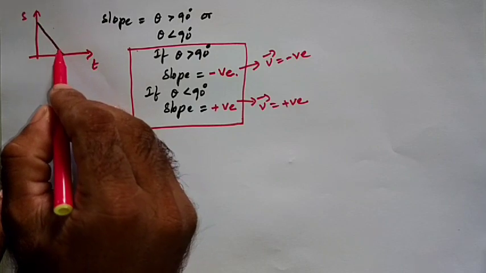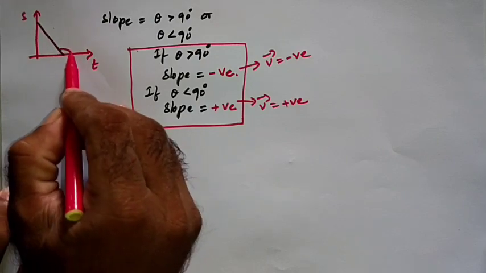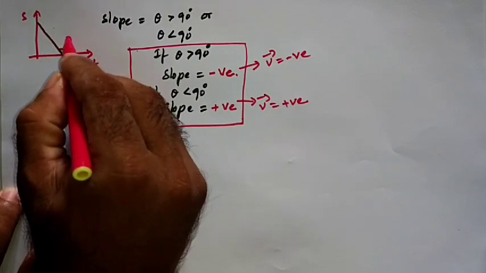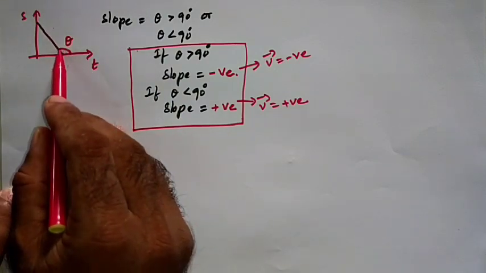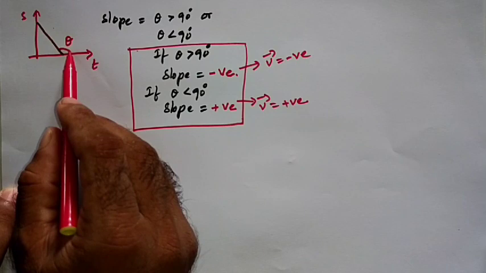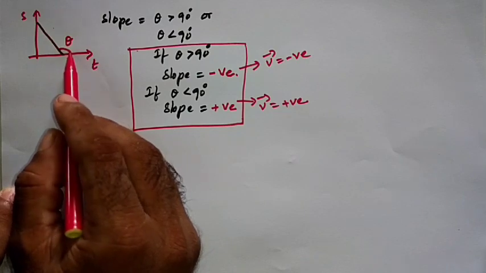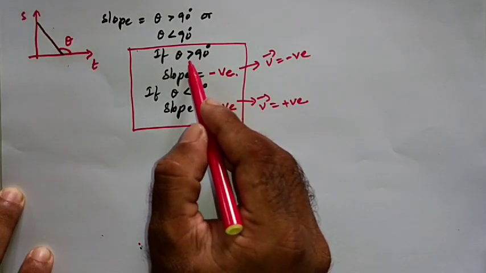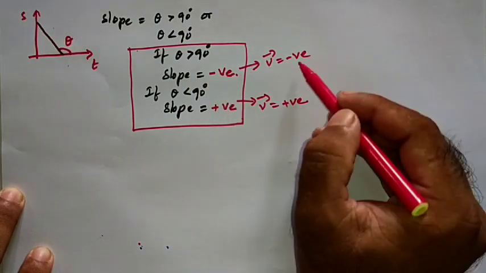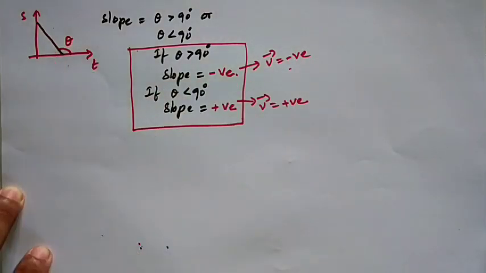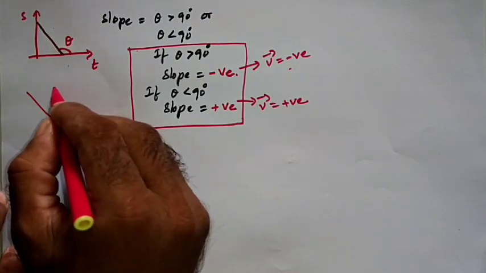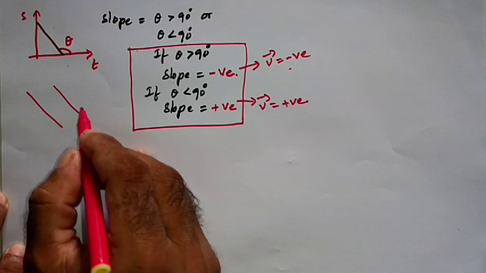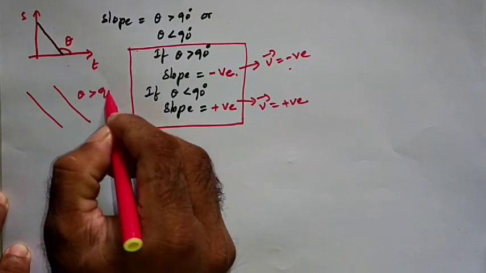Now let us see this slope of the graph, and this is the angle. Tell me, is theta greater than 90 degrees or less than 90 degrees? Yes, it is greater than 90 degrees. Therefore slope is negative, and therefore velocity is negative in this case. If the graph is like this, theta is greater than 90 degrees.